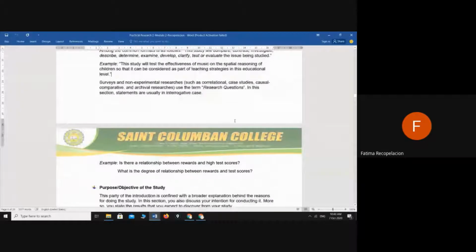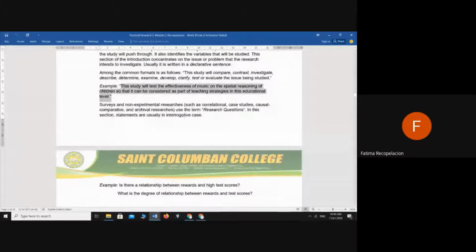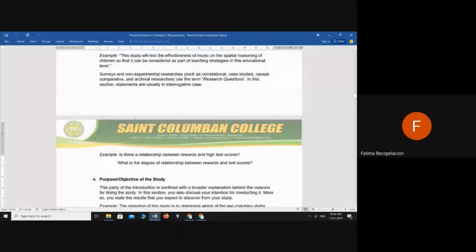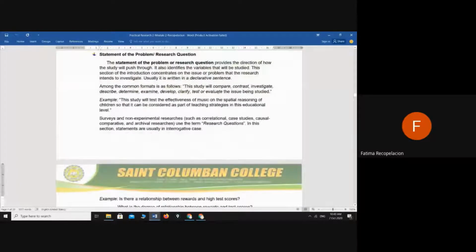It can again be in declarative format, or it can be in the form of a question. Is there a relationship between rewards and high test scores? So this is also a good research question. Okay, so that's how you formulate your statement of the problem.